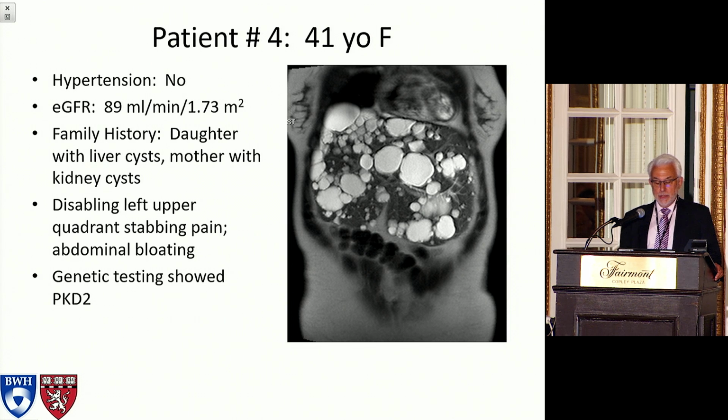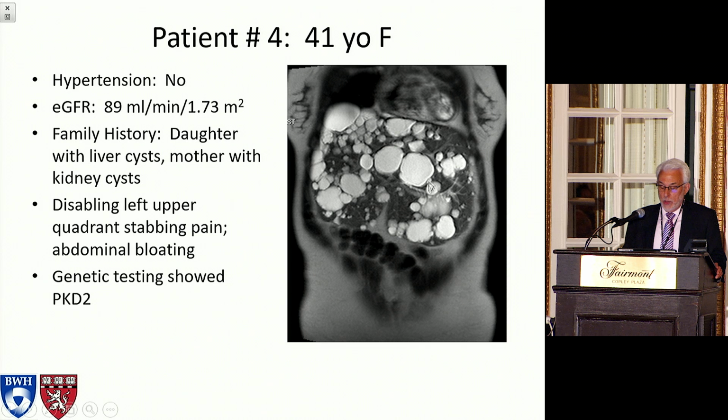And finally, this is a fourth patient, a 41-year-old female who did not have hypertension, who had reasonably preserved GFR. And she had an interesting family history. She had a daughter who had liver cysts, a mother with kidney cysts. We don't know if her mother had liver cysts. And she presented with very profound abdominal symptoms and ended up with genetic testing that showed PKD2.